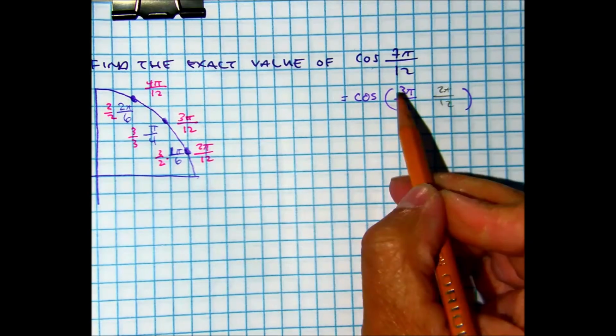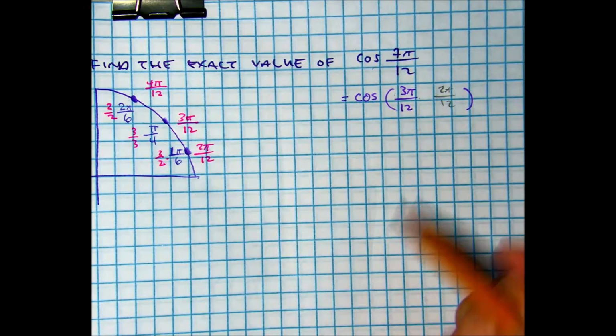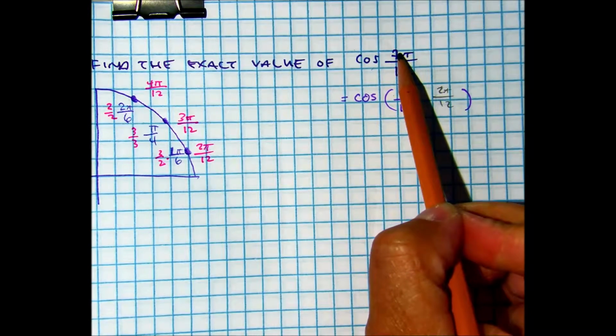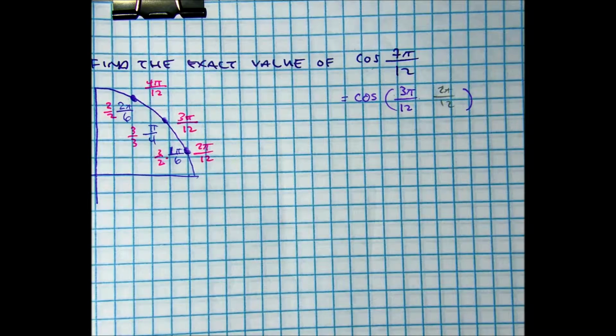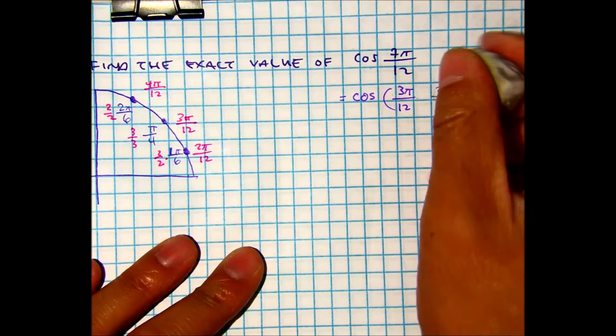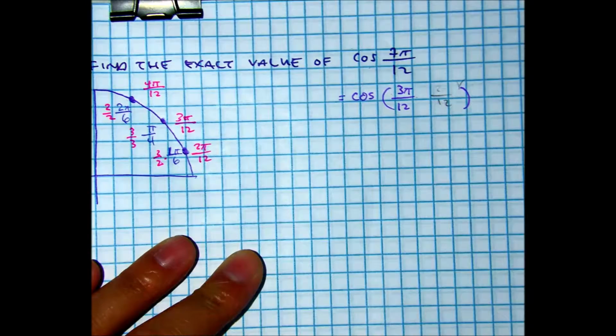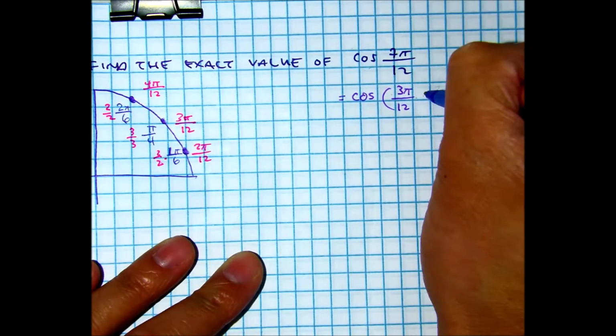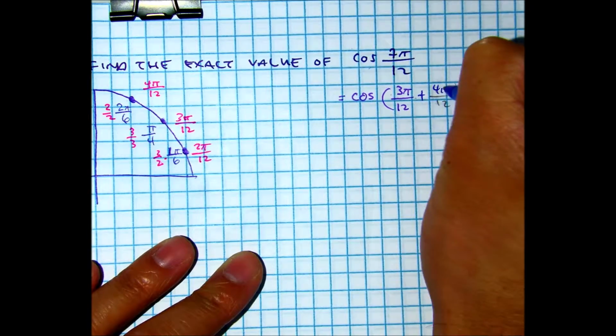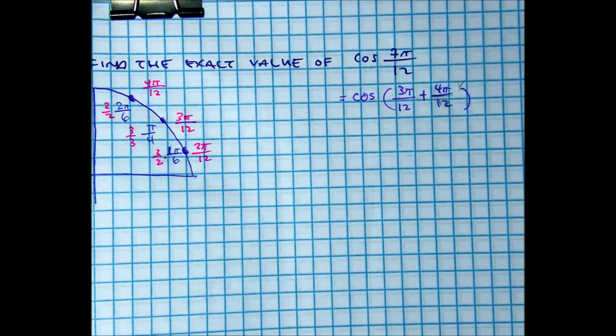Question, what's 3 plus 2? So it's not 7, right? So try that again. 3 pi over 12 plus 4 pi over 12 gives us 7 pi over 12.